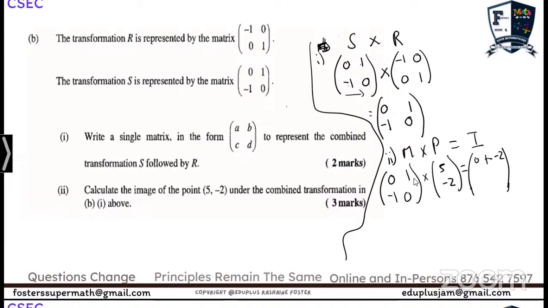Then -1 times 5 is -5, plus 0 times -2 is 0. So what's my answer here? My answer is -2, -5. That is our image.